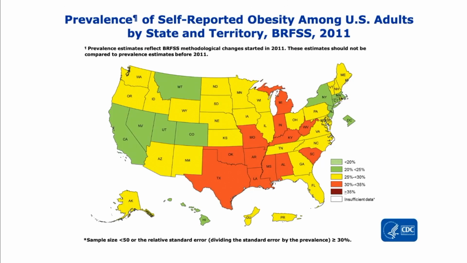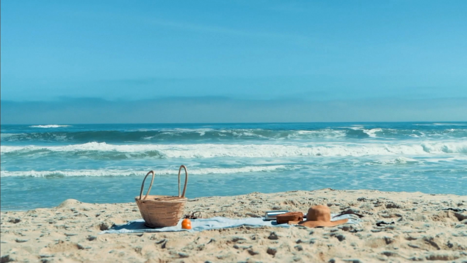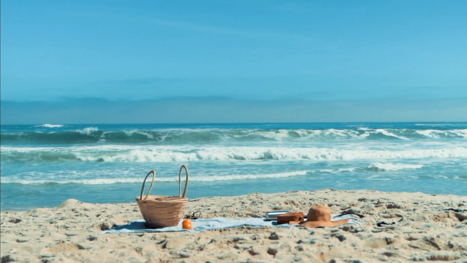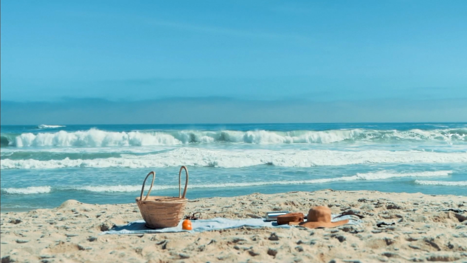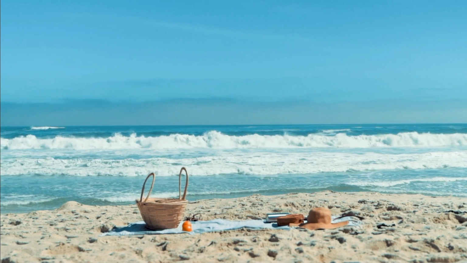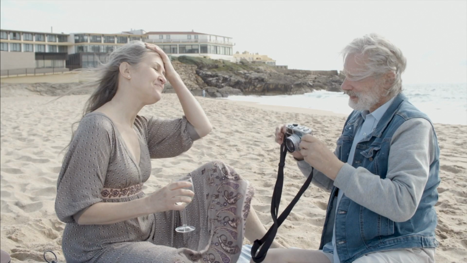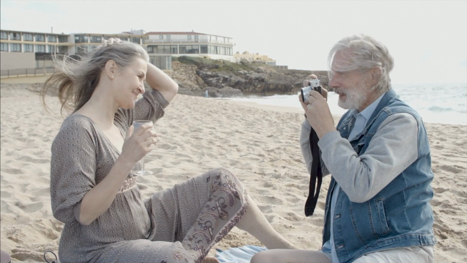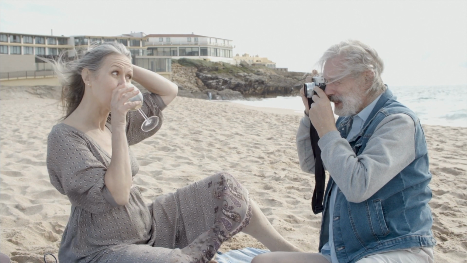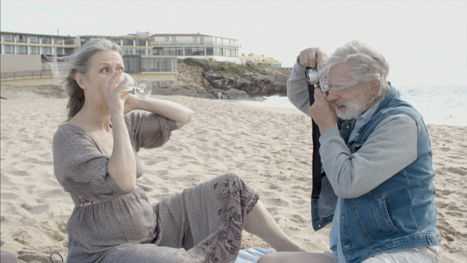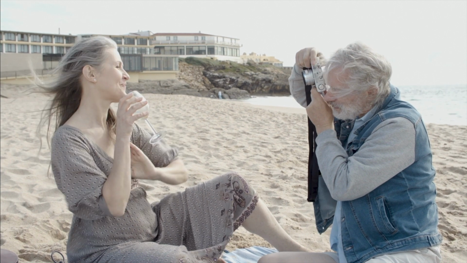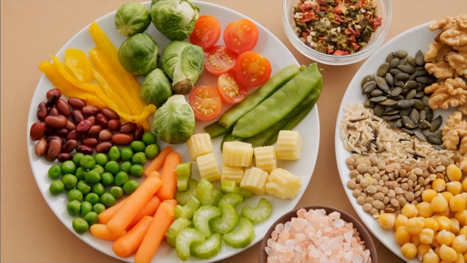They may have busy traffic and polluted air, and they may lack sidewalks, green spaces, and playgrounds. A person living in this type of neighborhood will find it much more challenging to get adequate physical activity compared with someone living in a neighborhood where it's safe to walk to school or work, play at a park, ride a bike, or go for a run.